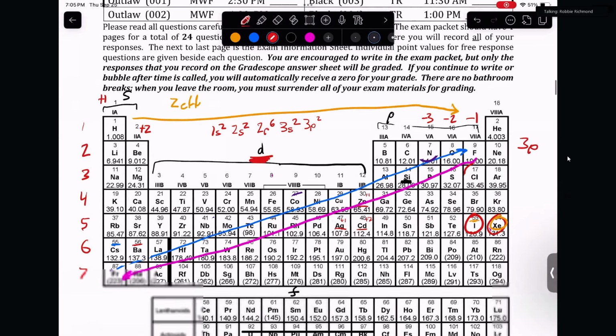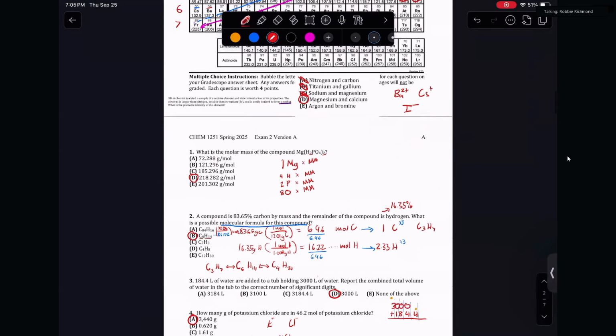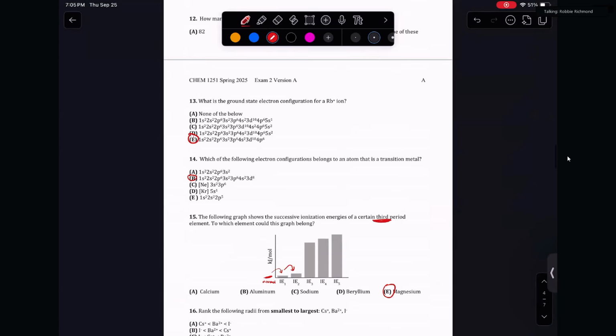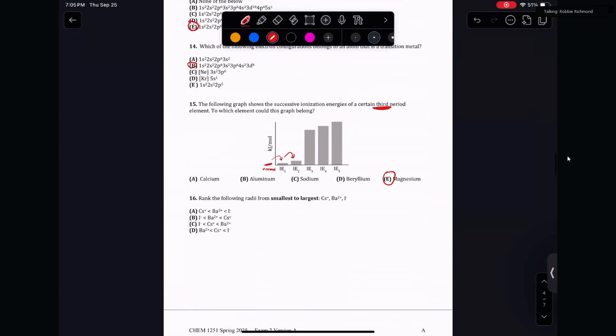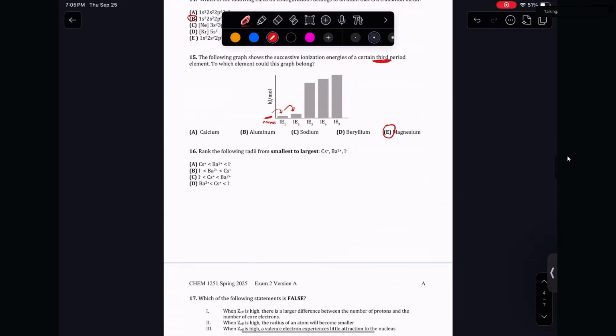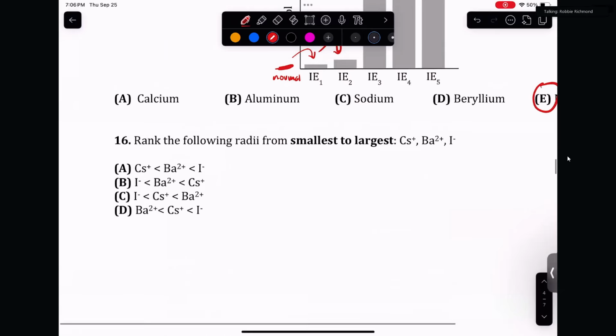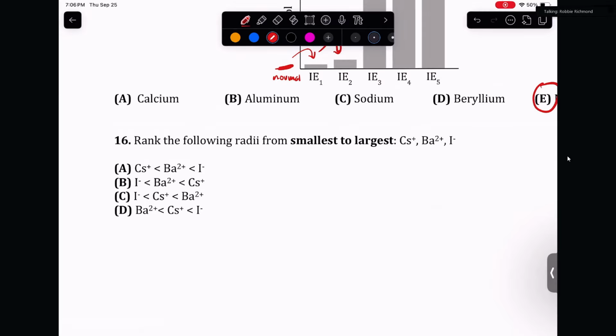So for this case, the only differentiating factor is protons, and more protons would mean that the nucleus is sucking in those electrons from the outside more efficiently. So our smallest would be barium because it has the most protons.